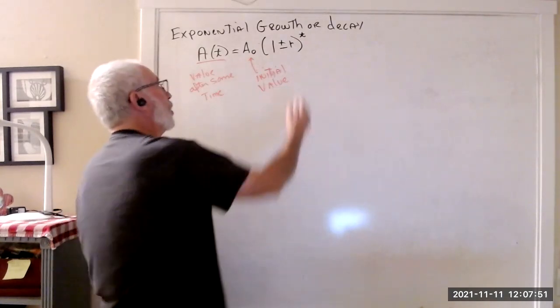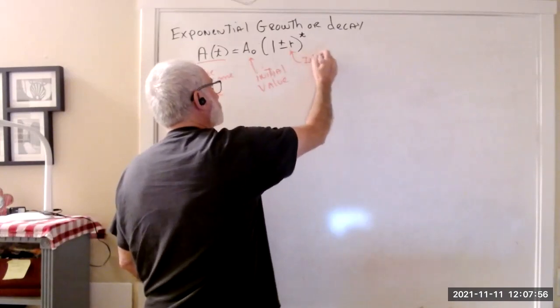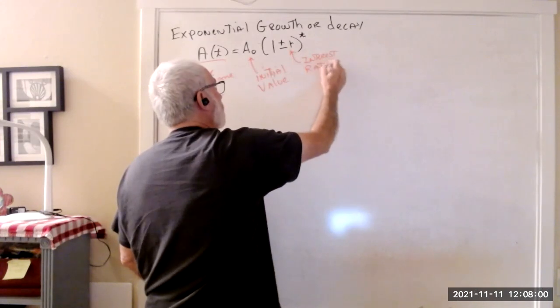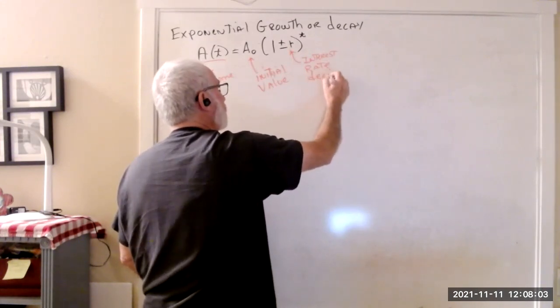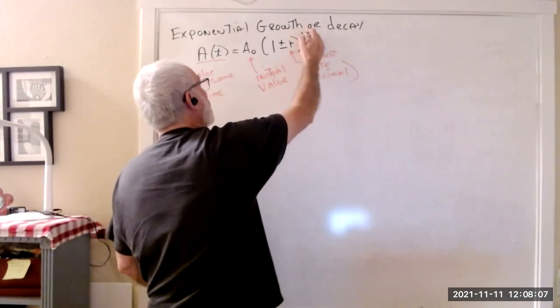Okay. R is the interest rate, but as a decimal, very important, as a decimal. And T is time.